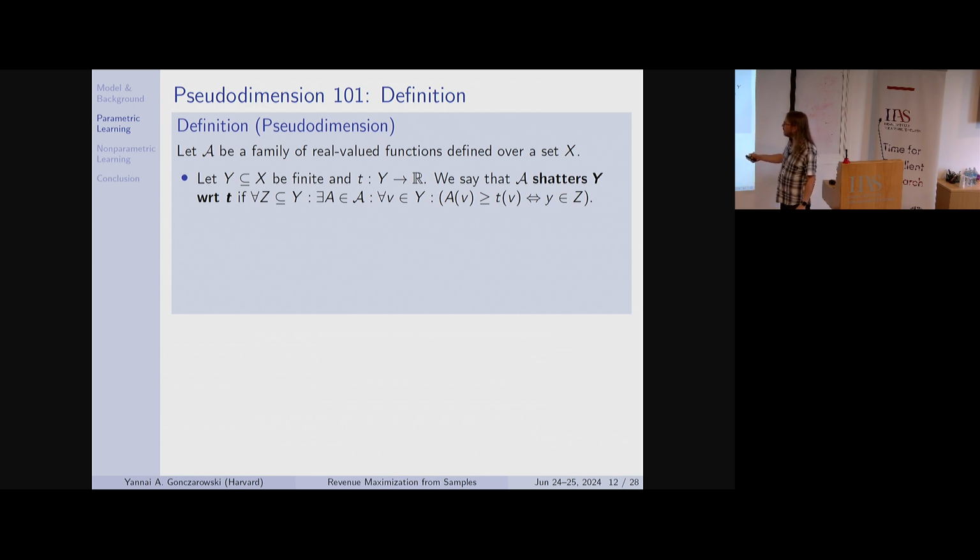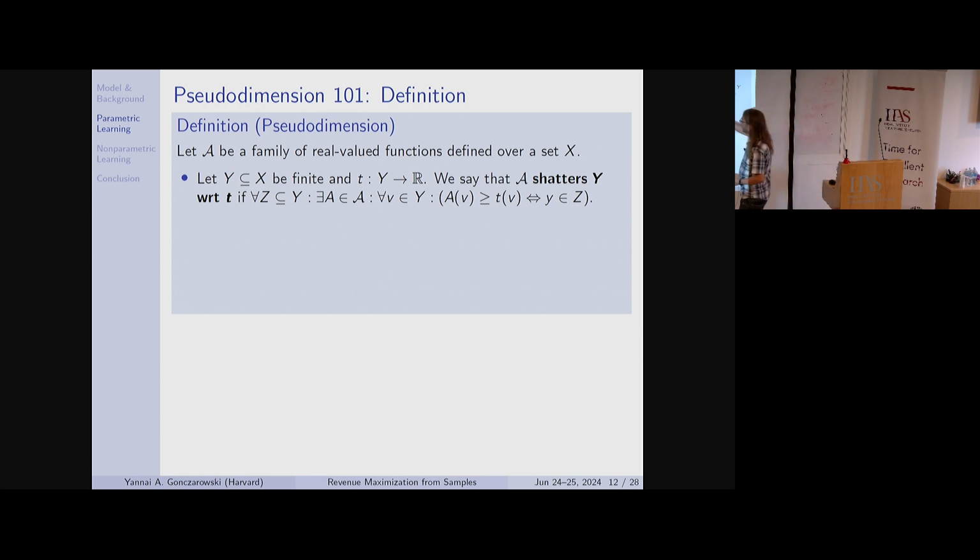Let Y be a subset of X. Y can contain valuation 1, which is a tuple of one valuation for each buyer-item pair, and then valuation 2, and then valuation 3, etc. So Y is a specific, finite subset of X. You can think about it as a list of valuations.